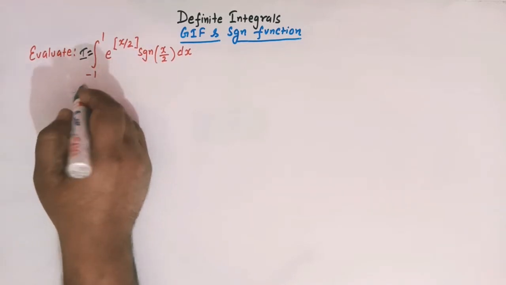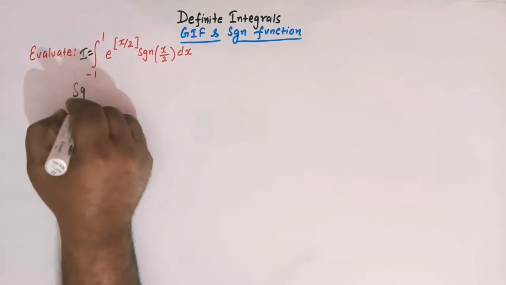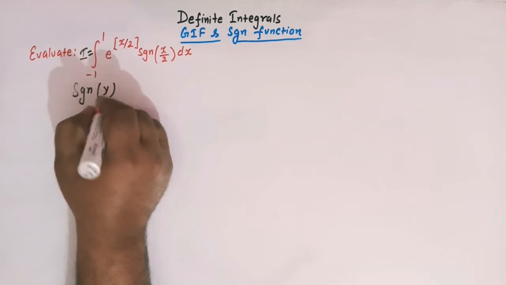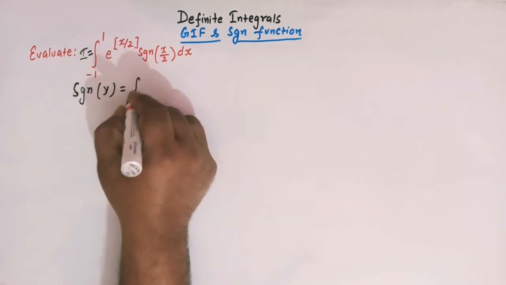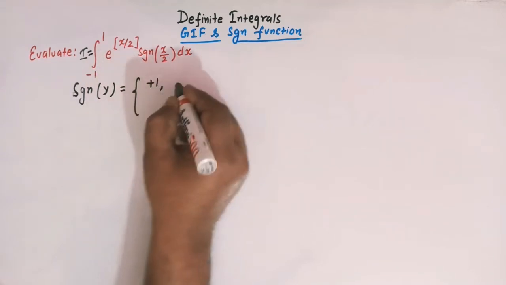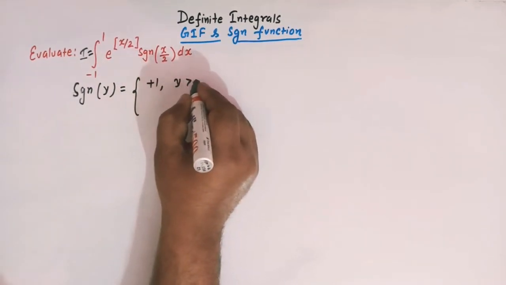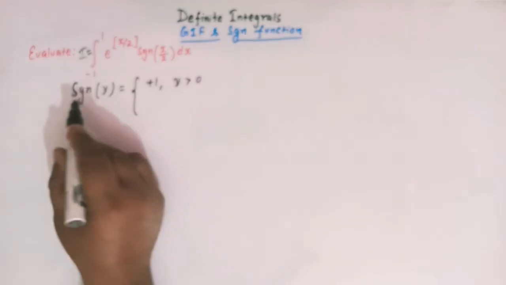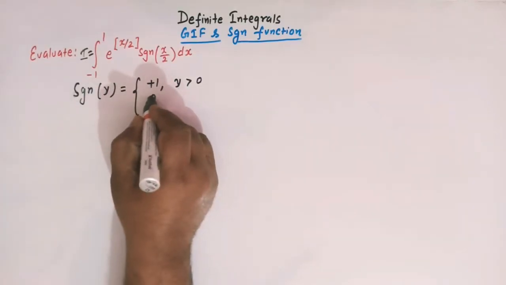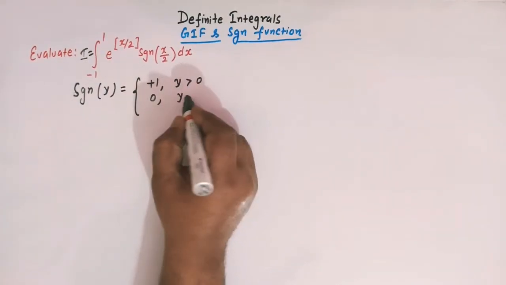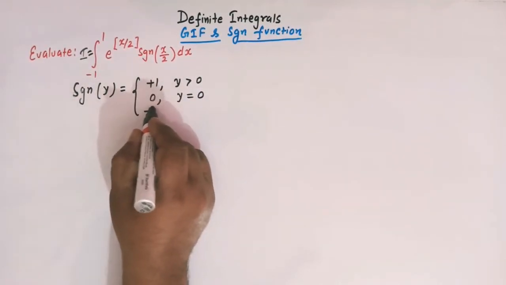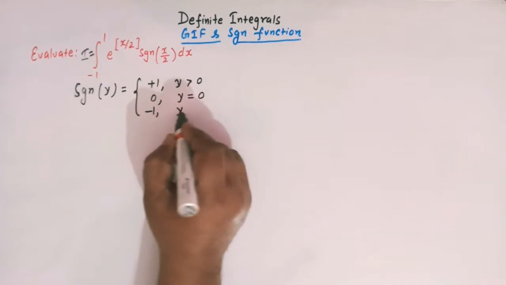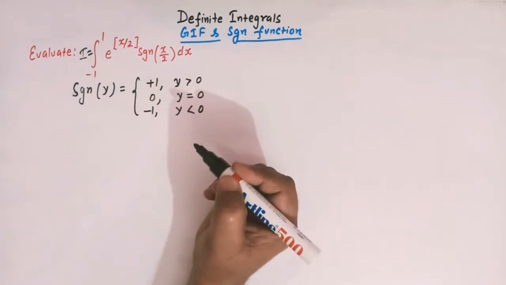We know that the signum of some variable y, that is signum of y, is defined as +1 whenever y is greater than 0, right? And signum of y is equal to 0 whenever y is equal to 0, and signum of y is equal to -1 whenever y is less than 0, right?